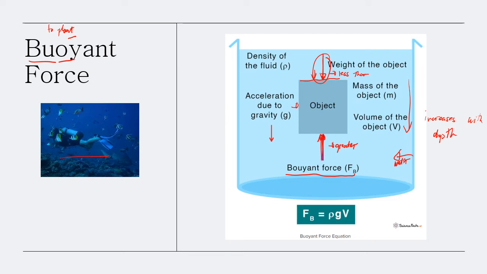When we swim to the deepest part of the pool or the ocean, the water tries to push you back up to the surface, right? Meaning you feel lighter. You feel lighter. Okay? So we will explore more about this buoyant force in the next slide.